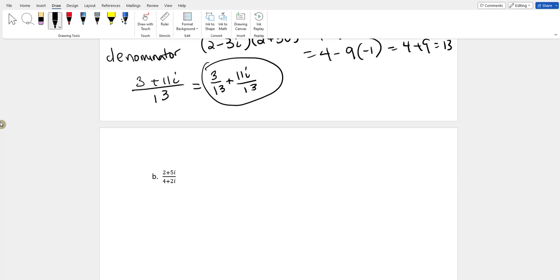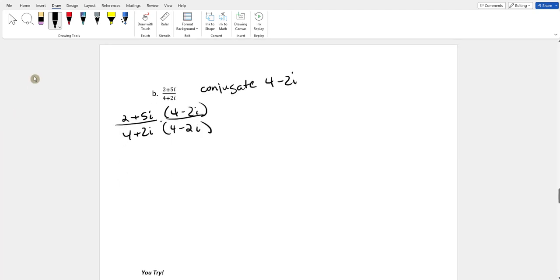Let's look at another problem. The conjugate of the denominator is 4 minus 2i. So I'm going to multiply top and bottom by 4 minus 2i. When I do the numerator, I have 2 plus 5i times 4 minus 2i. I'm going to go ahead and multiply that out. I get 8 minus 4i plus 20i minus 10i squared.